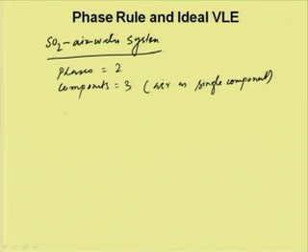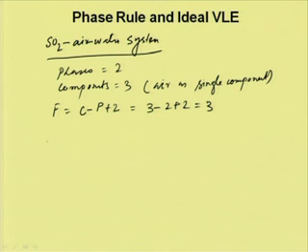Then we can write F is equal to C minus P plus 2, which is 3 minus 2 plus 2, equal to 3. This means that it has 3 variants or 3 degrees of freedom.